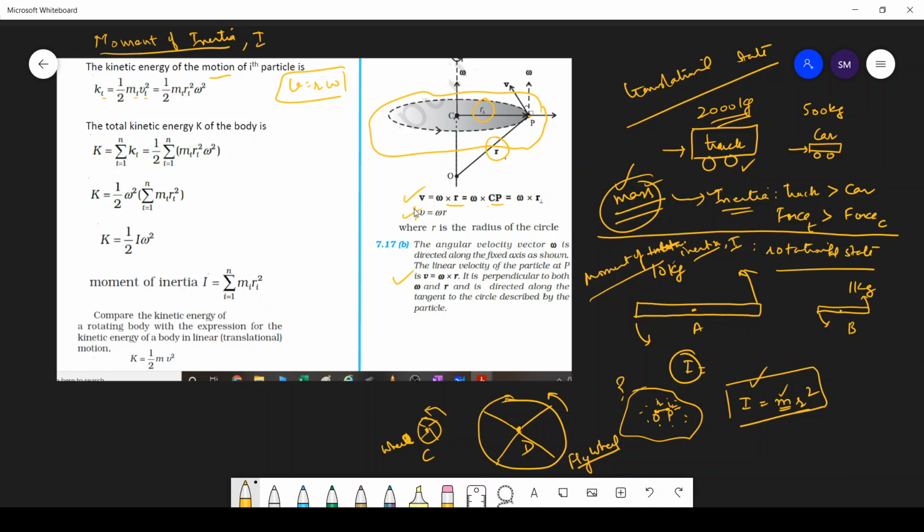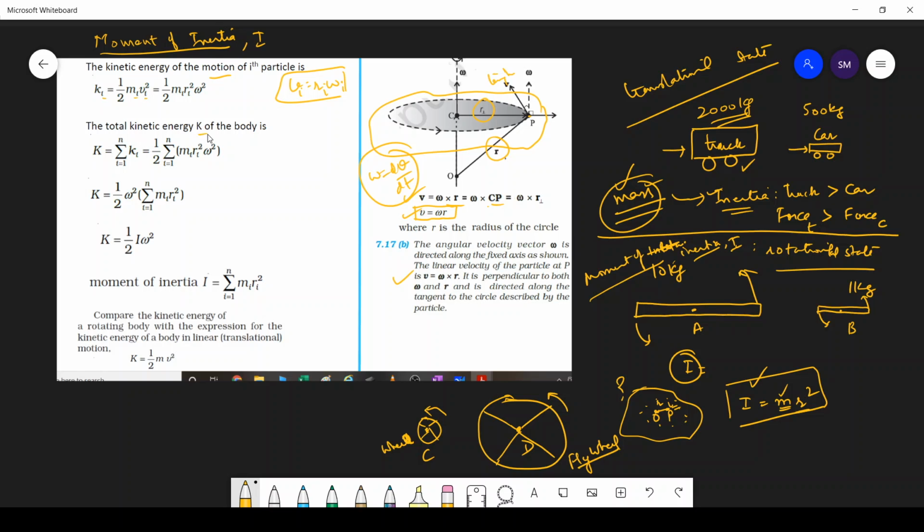That is why we always have this formula v is equal to omega r, because for this r perpendicular and this velocity which is tangential, there is always an angle of 90 degrees between v and r. So the magnitude of linear velocity is equal to angular velocity times r, and you know the angular velocity is equal to d theta by dt at any moment. Okay, so putting the value, v_i is equal to r_i omega, for the ith particle.